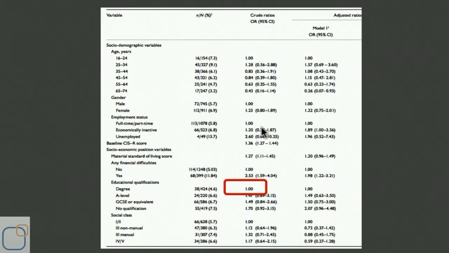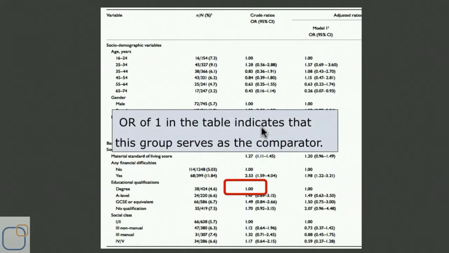Okay, so why is that so? Odds ratio of 1 in the table indicates that this group serves as the comparator against which the other group has been compared. So in this case, educational qualification, if you have a degree, you are the comparator and everybody else is compared against you. Who are the everyone else? People with A-level education, GCSE or equivalent, and no qualification. So these are all compared against people who have a degree.